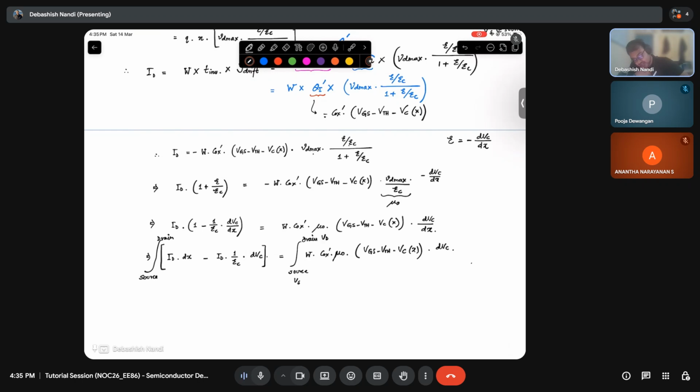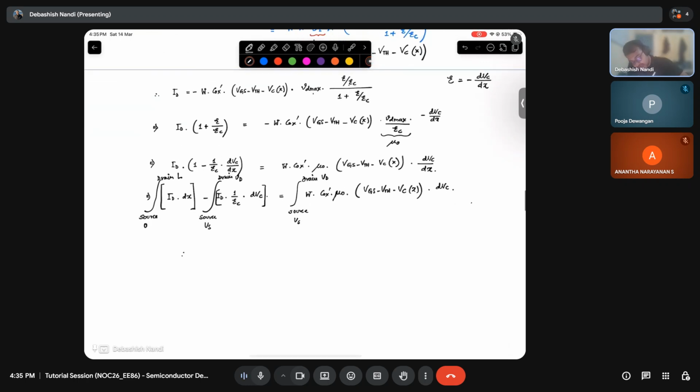For distance, the limits will be 0 to L, the channel length, right? This is how you get your original equation of ID as well, right?